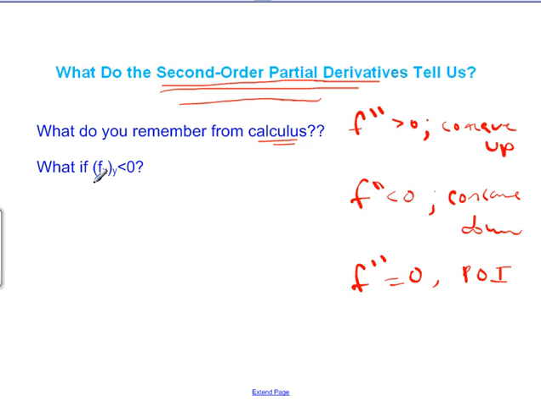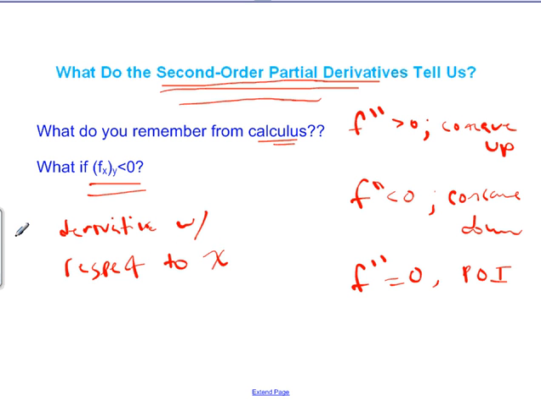So, for example, if f partial xy is less than 0, this means that my partial derivative with respect to x is decreasing as y increases.